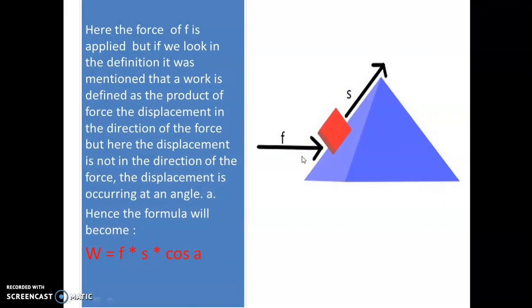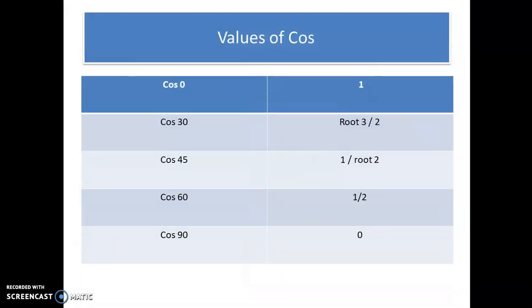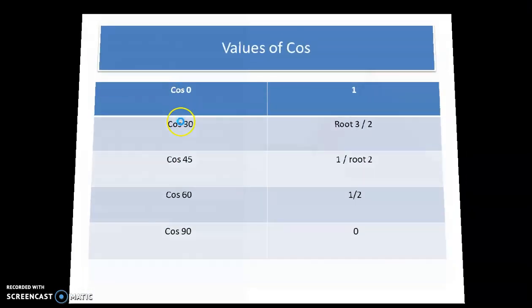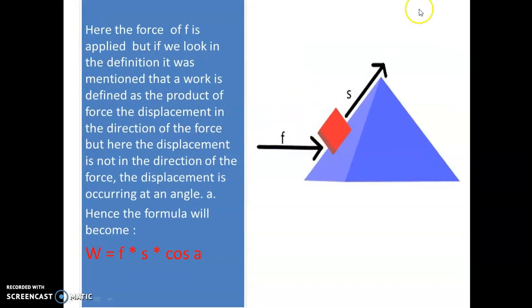Now suppose the work is being done at some angle, like in this case. Whatever angle is mentioned here, the value of the cos of that angle will also be given to you in the numericals, and you just have to put the value over here and find W. Now let's go through some values of cos A. If the angle between the force and the displacement is 30, put 30 over here: cos 30.